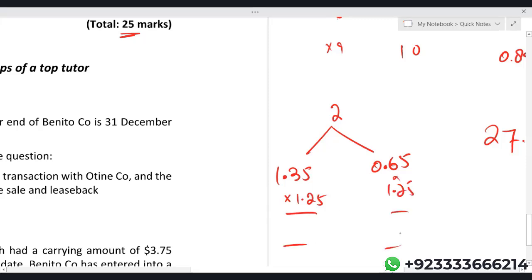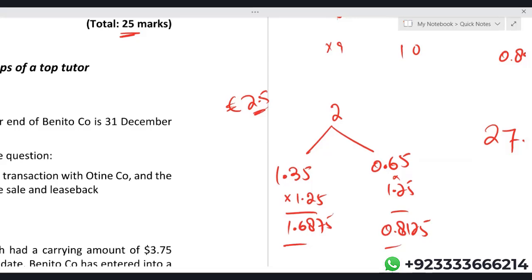I just want to show you one thing. 1.35 into 1.25, I'm getting 1.6875. 0.65 multiplied by 1.25, I'm getting 0.8125. We know that in the individual books of the subsidiary, the purchase price is euro 2.5 million. Fine. In the group accounts, we have already decided that the unrealized profit of 0.65 million will be eliminated.